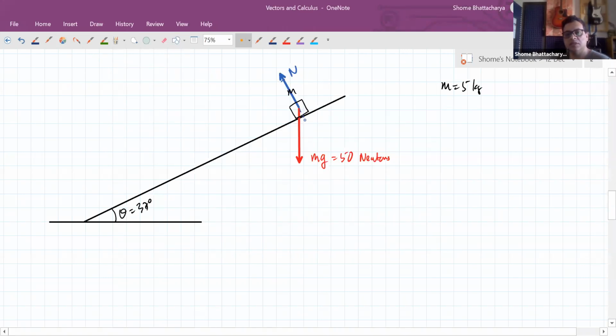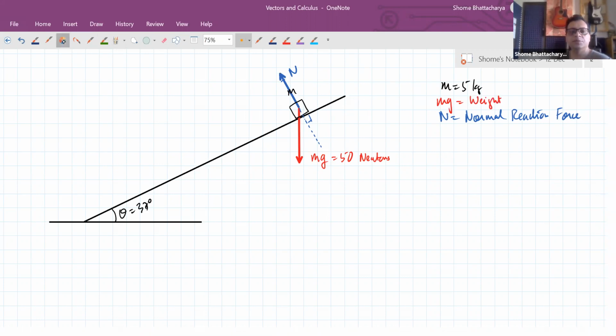It acts along this direction, which is perpendicular or normal to the inclined plane. So N is what we call the normal reaction force. And of course, we know that mg is the weight of the body or the gravitational force.